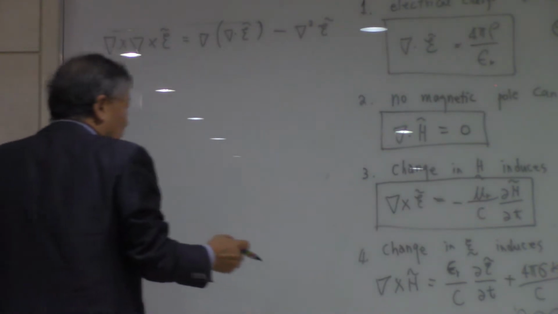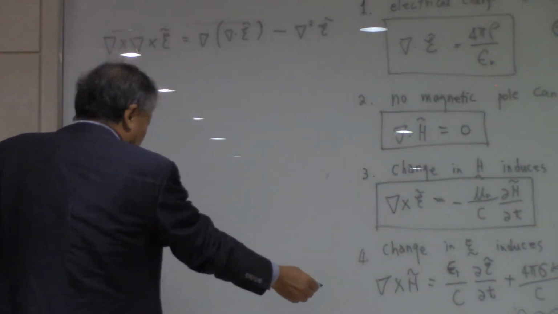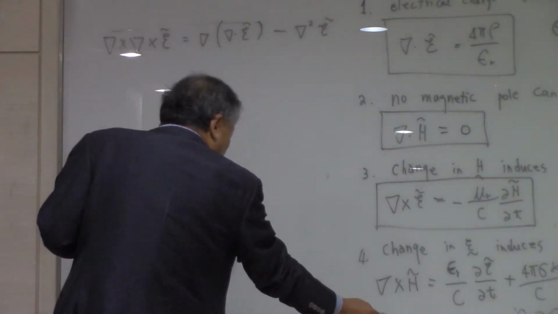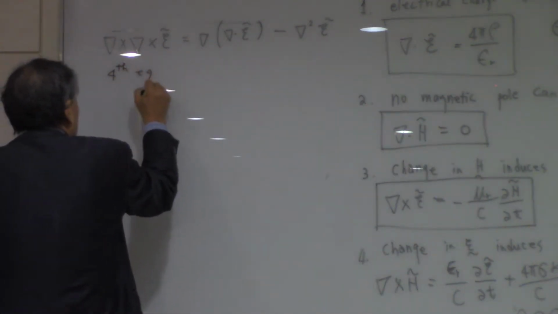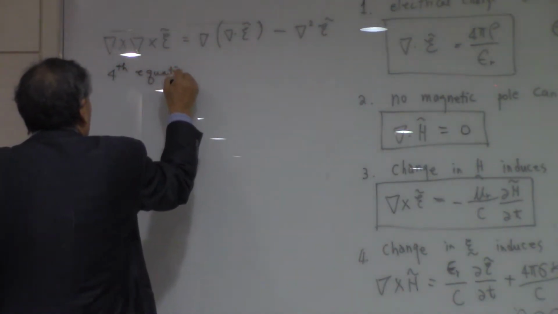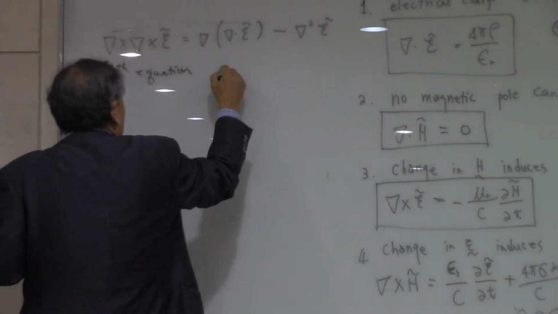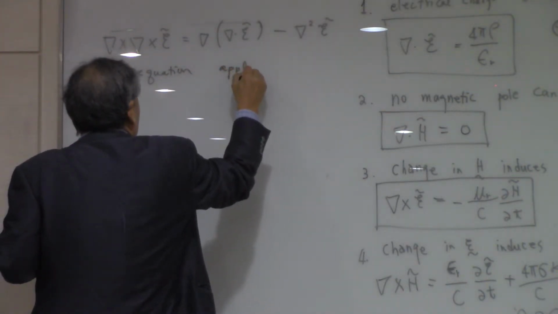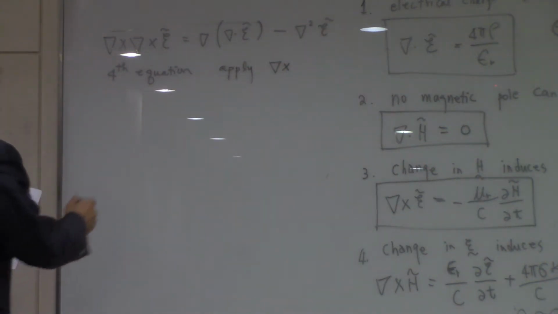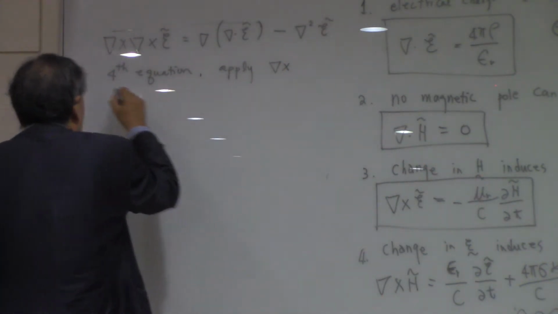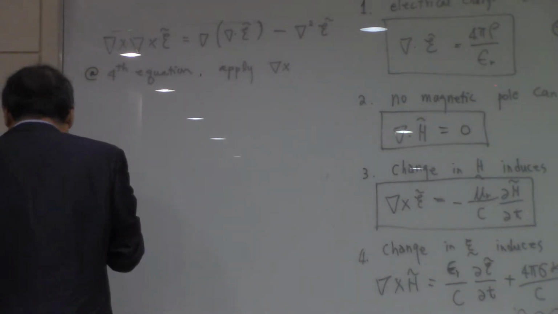So what you're going to do is use Maxwell's fourth equation. You apply curl on this, okay, at the fourth equation.